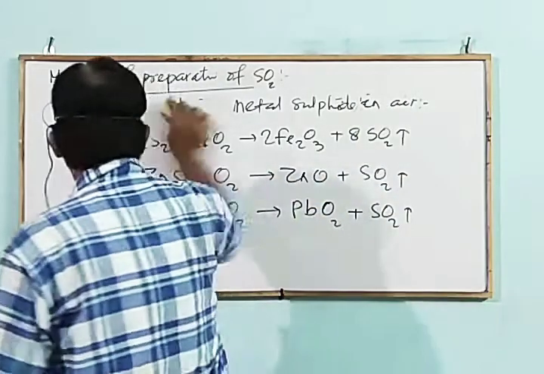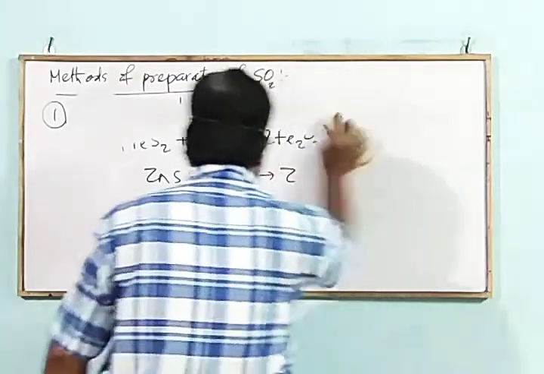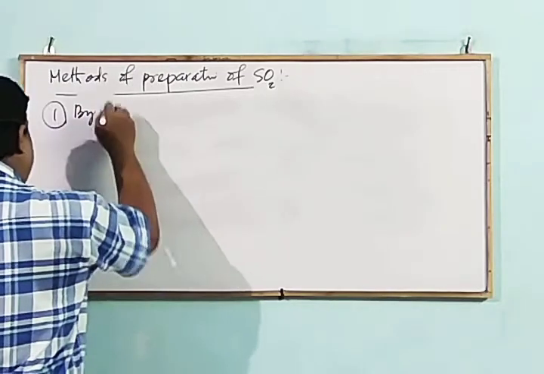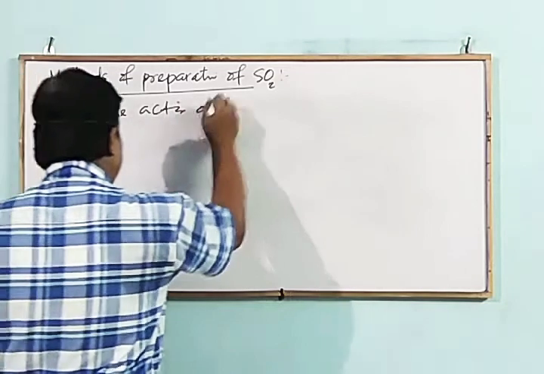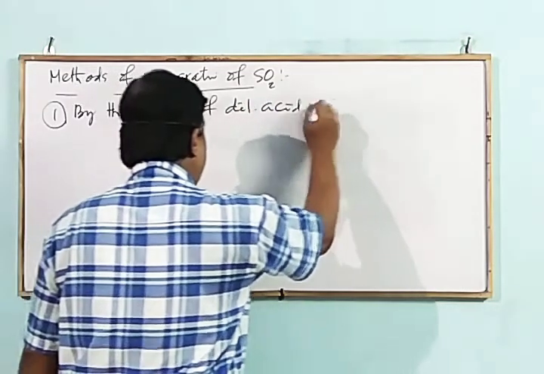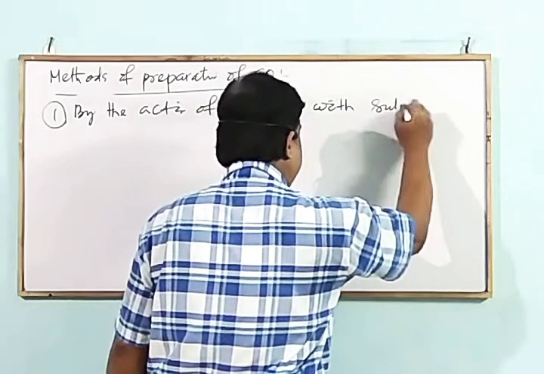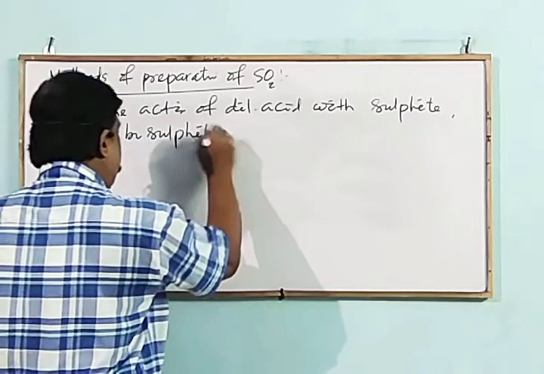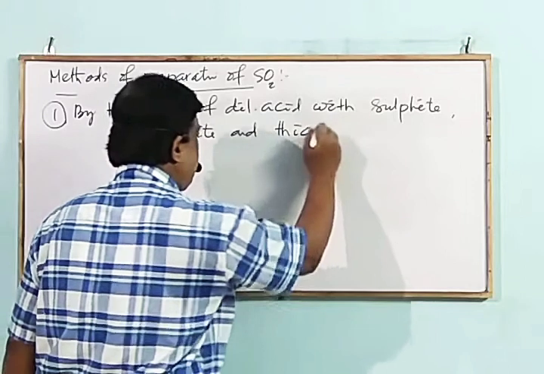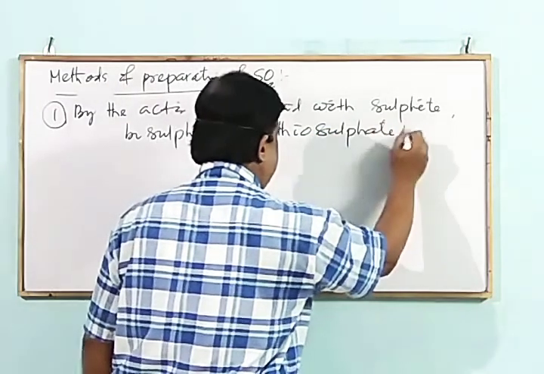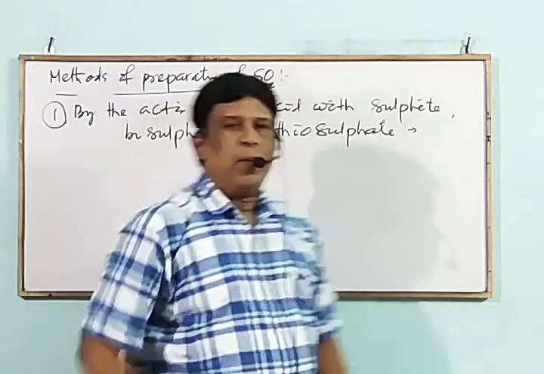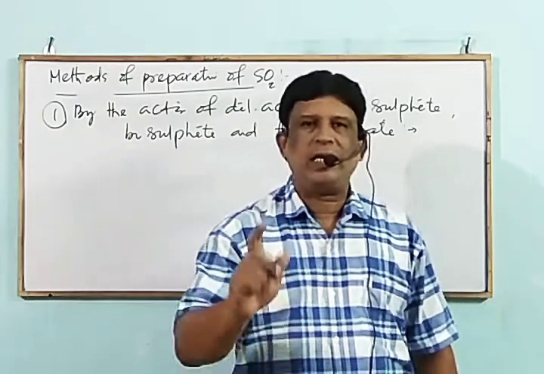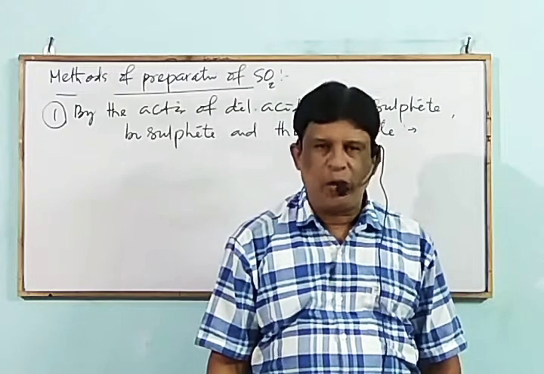That is, when sulfite, bisulfite and thiosulfate are treated with a dilute acid, it results in the formation of sulfur dioxide.